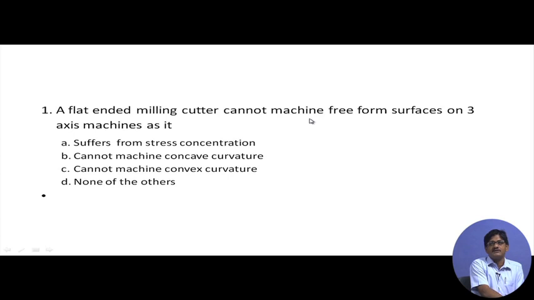Had it been stated that it cannot machine anywhere, in any machining application, because it suffers from stress concentration, then we could have considered it. But in that case, that sort of flat ended milling cutter would not have existed. If it cannot be used universally, it would not have existed in the first place. So, correct answer is B.